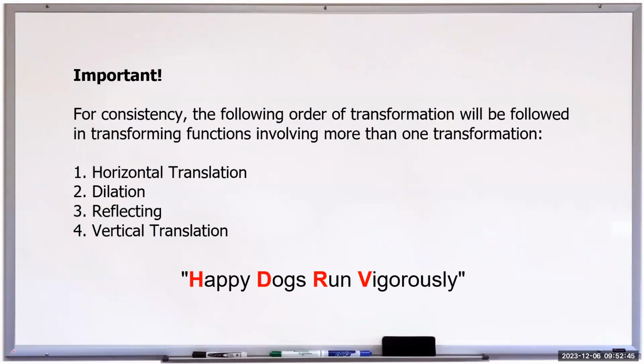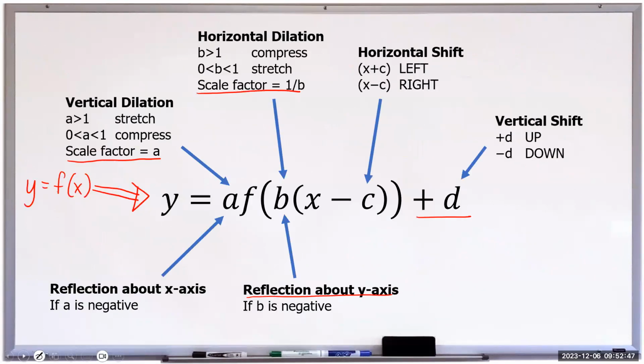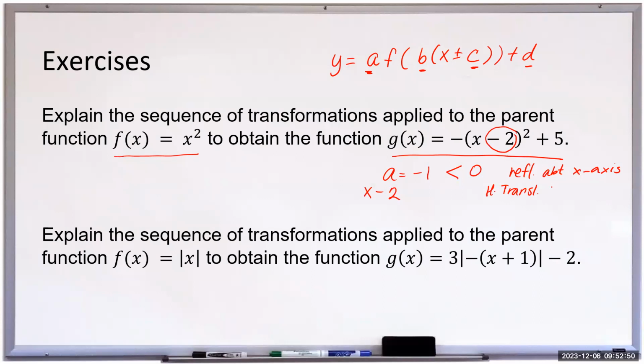Since we have here x minus c, then we need to shift it to the right. Okay, horizontal translation 2 units to the right. And we have here plus 5. So d is equal to plus 5, greater than 0. Therefore, this is a vertical translation 5 units upward. So meron tayong tatlong types of transformation present here. The first one, reflection about the x-axis. Second one, horizontal translation. And last one is the vertical translation.